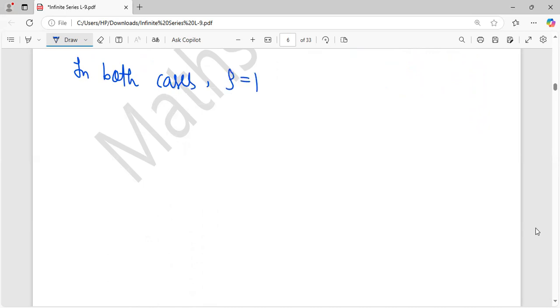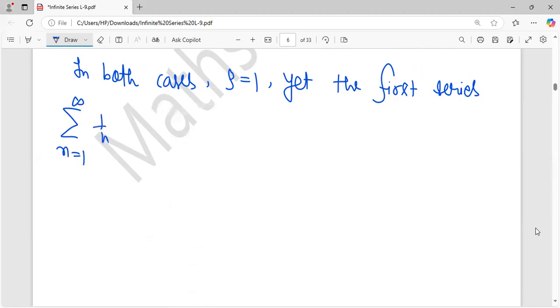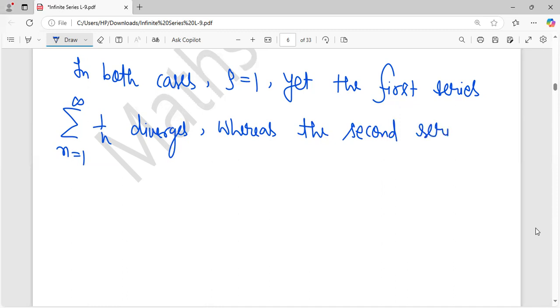rho is 1, yet the first series is divergent, we already know, diverges, whereas the second series, summation n goes to 1 to infinity 1 upon n square, converges.